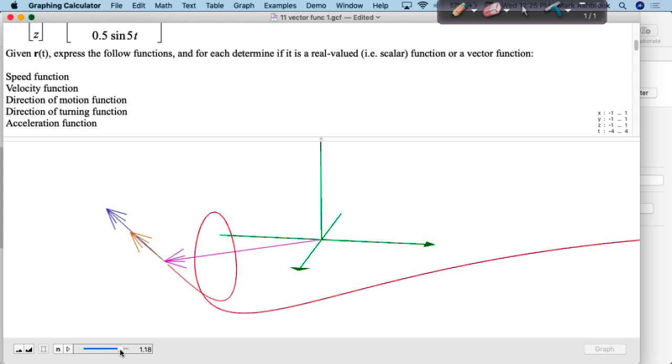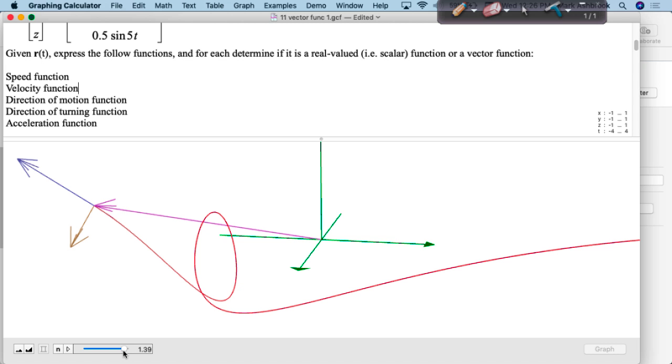How about now? What can you say about the motion right now? No turning. Speeding up or slowing down? Speeding up. Make sense? How about now? Speeding up or slowing down?